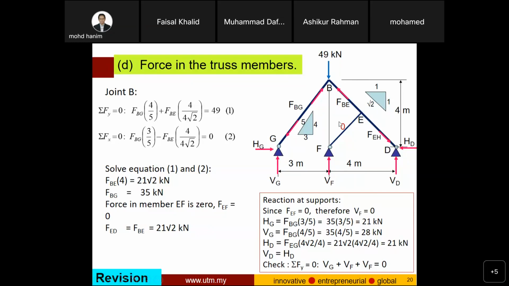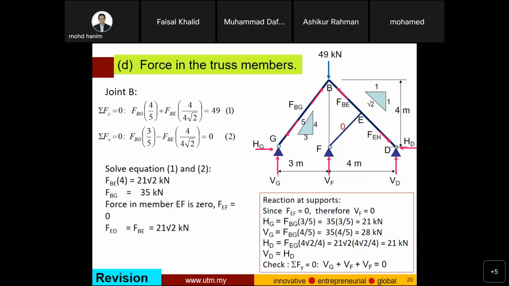How to do it? Don't go to the reaction first. Go to the applied load. Can we start with B? Yes, because at B there are only 2 members. If the number of members is only 2, it is okay.